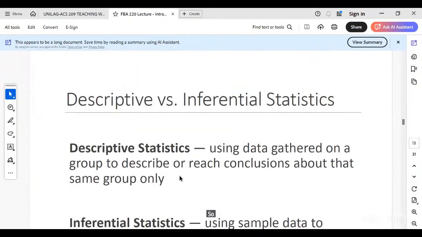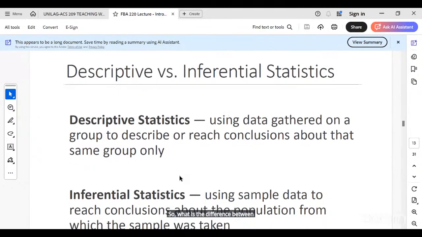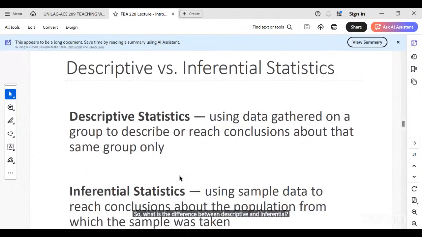So what is the difference between descriptive and inferential statistics? You know, there are times that when you gather your information, all you are interested in is just to describe that data using graphs, describe that data using tables, or you can just summarize the data using figures.